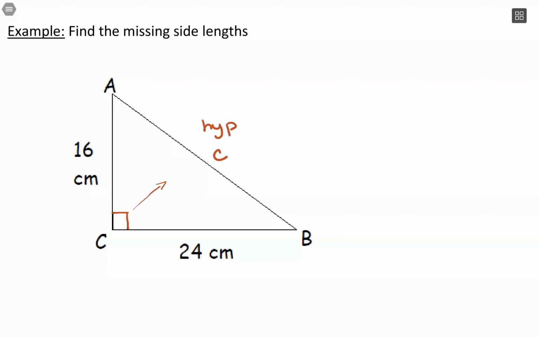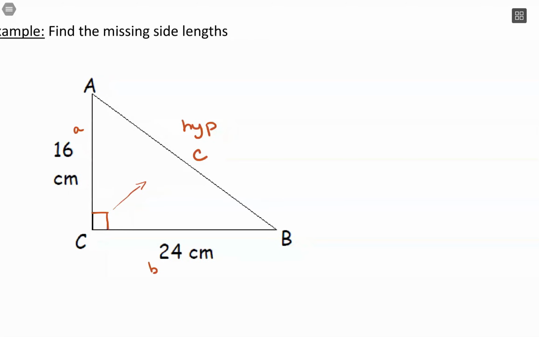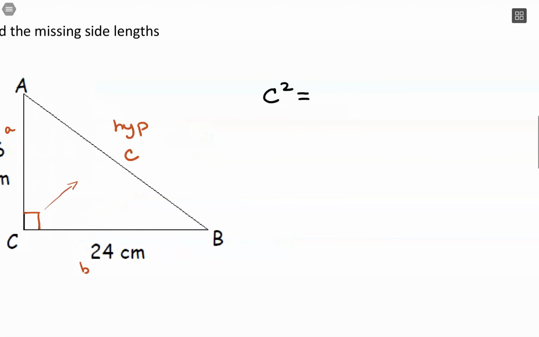That means I have these two legs, a and b. It doesn't matter which is which. Order doesn't matter there. All that matters is we know which side is the hypotenuse. So that means we'll have the hypotenuse squared is equal to leg squared plus other leg squared. And then we're going to start solving.